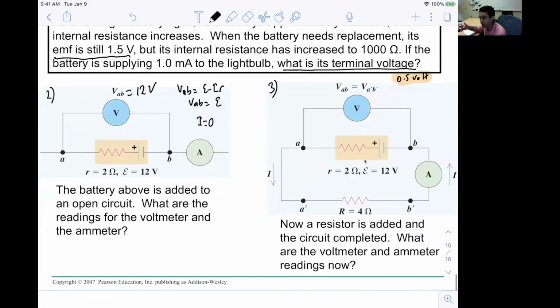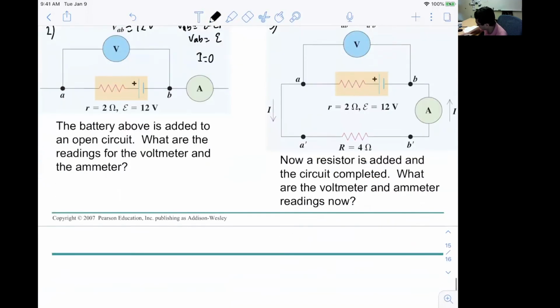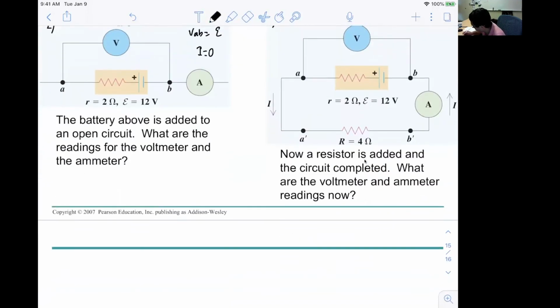Now you have added a resistor, which is 4 ohm. Now you complete the circuit and the current is going to flow. It asks what's the terminal voltage. Okay, let's first find the current.